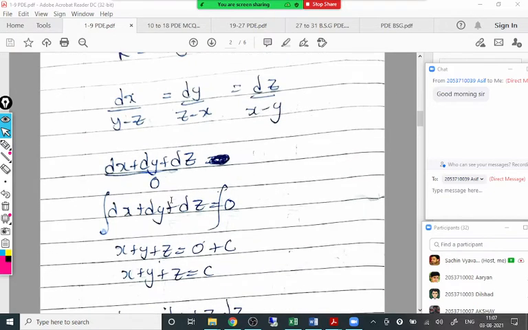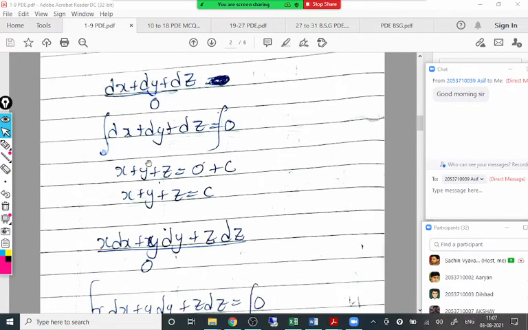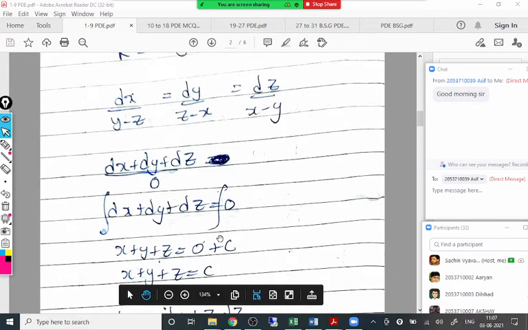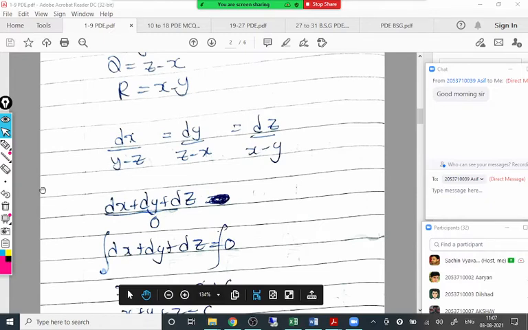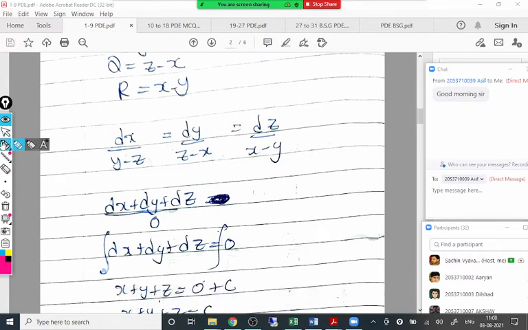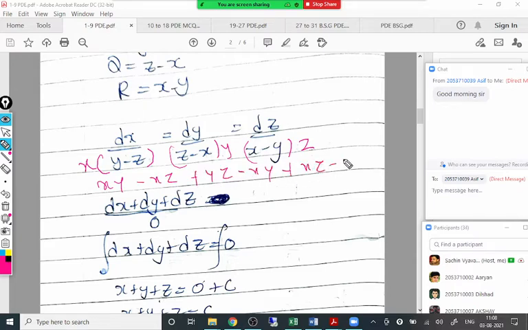Now one more solution we have to find. Direct integration is not possible, so you observe that x, y, z can also be the multiplier. If we multiply x to the first, y to the second, and z to the third denominator and add, we get xy - xz + yz - xy + xz - yz.